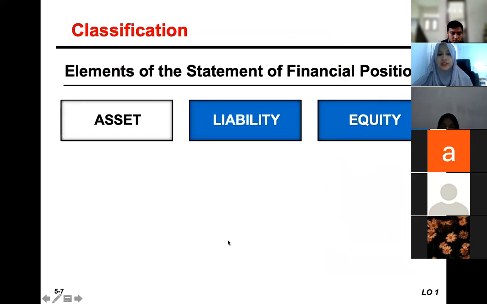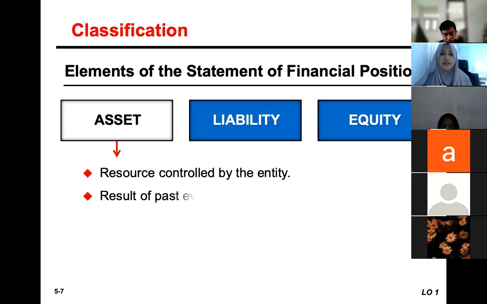Okay, you're very aware of the elements of financial statement: assets, liabilities, and equity, right? You know what assets are: the resources which result from past events, which will bring cash inflow to the company.